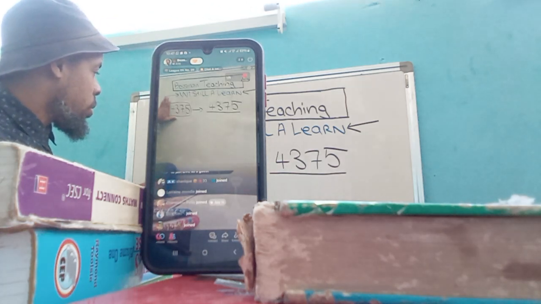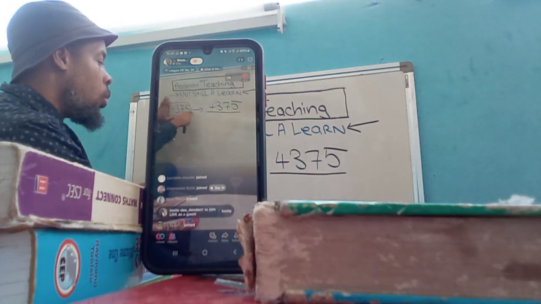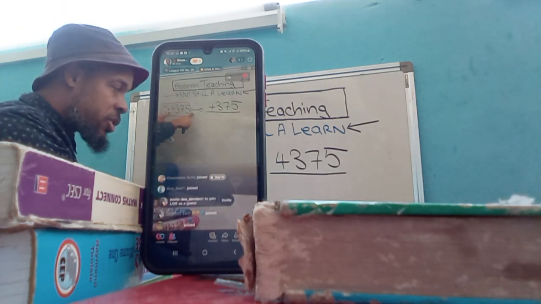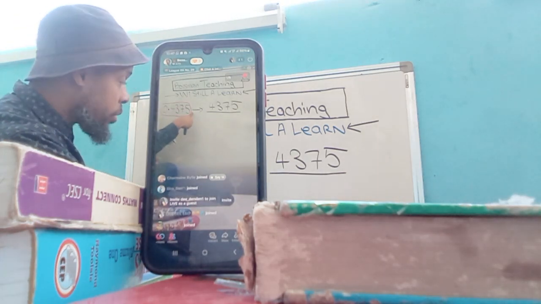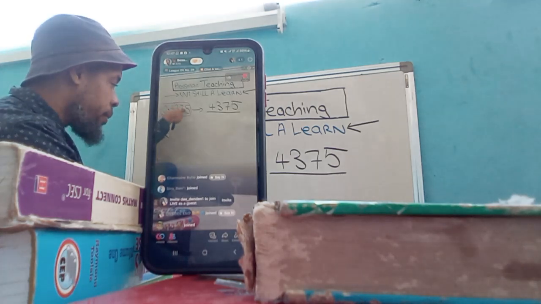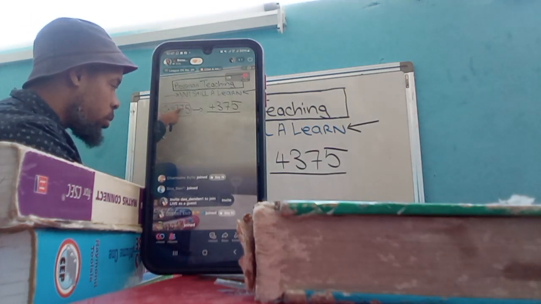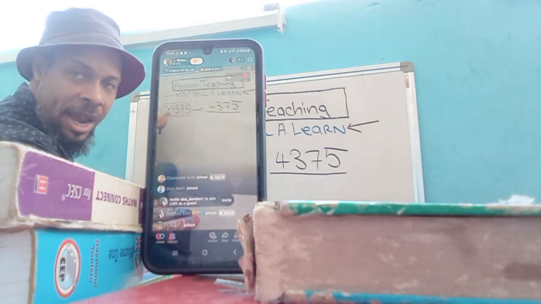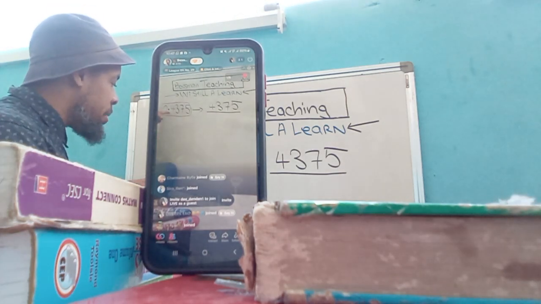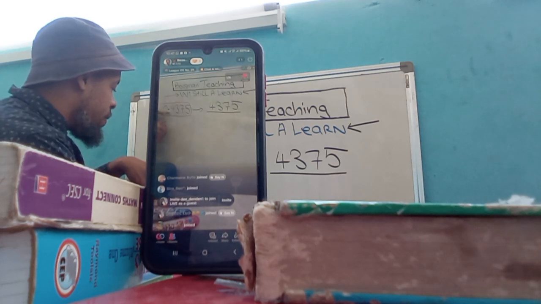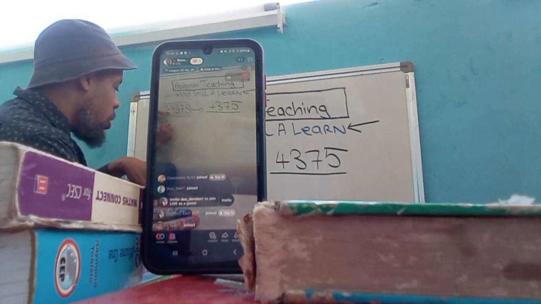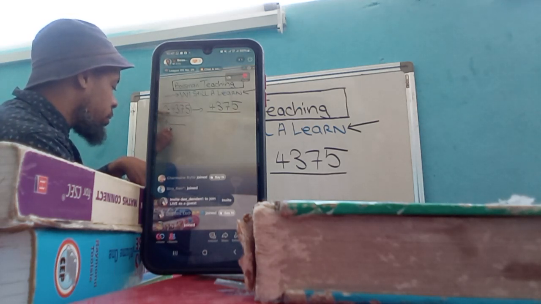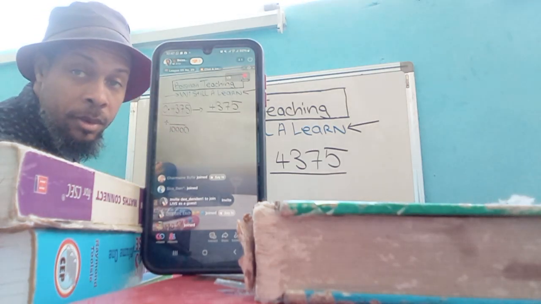Now, how many times would we have to jump back to get to right here from here? We'd have to jump back 1, 2, 3, 4 times. So if it's 4 times, it means that we are dividing by a number that has what? 4 zeros.